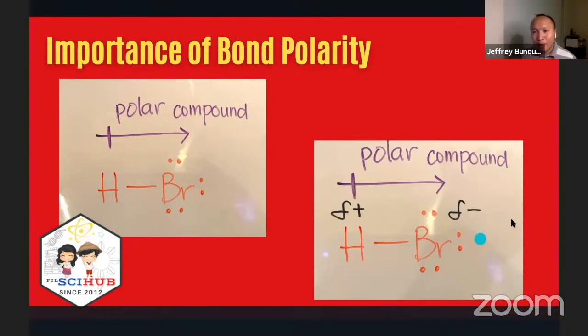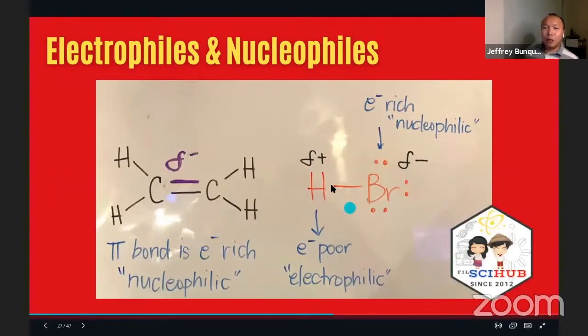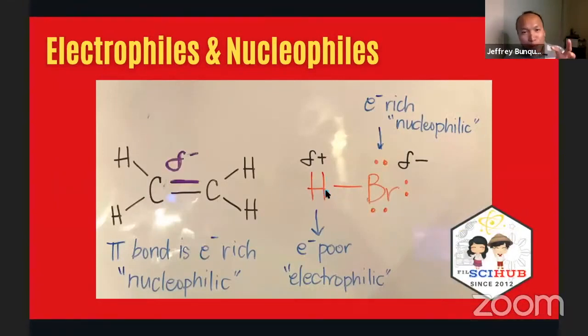And 'di ba sinabi kanina, Professor Dindi, that regions in a molecule that are partially positive, that are electron poor, you can call an electrophilic center, an electrophile. Yung region naman that is electron rich, which is bromine in this case, is nucleophilic. And yung pi bond or yung region dito that is very rich in electrons is also what we call a nucleophile.